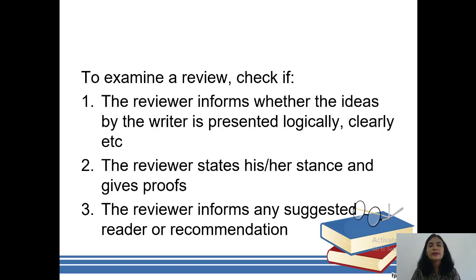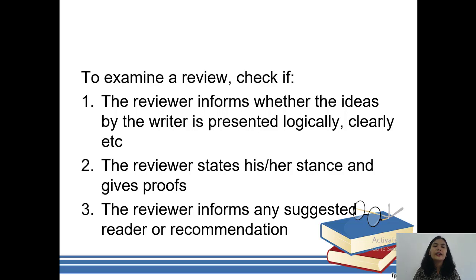In order to examine a review, I want you to check whether the reviewer informs whether the ideas by the writer are presented logically, clearly, and based on the elements that are given. After that, the reviewer states his or her stance and gives proof. This is when the reviewer informs his thesis. Stance or thesis, I think those are synonymous.